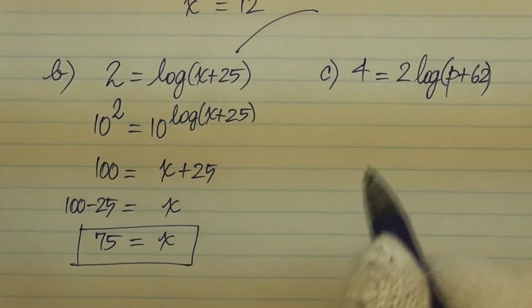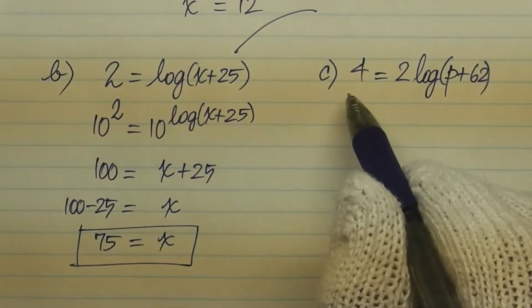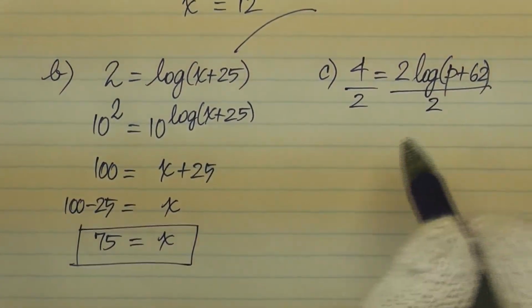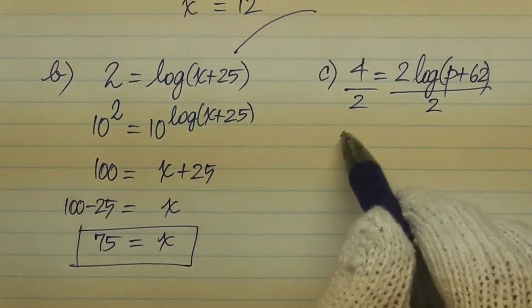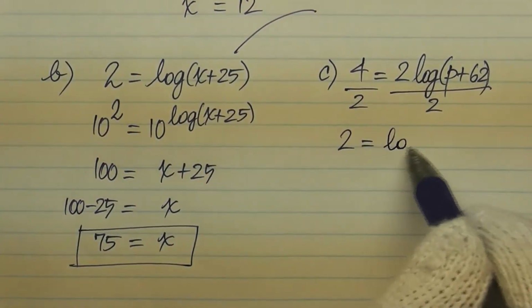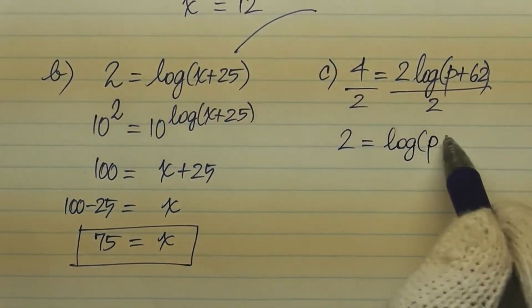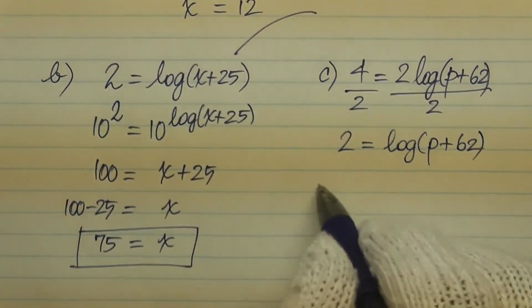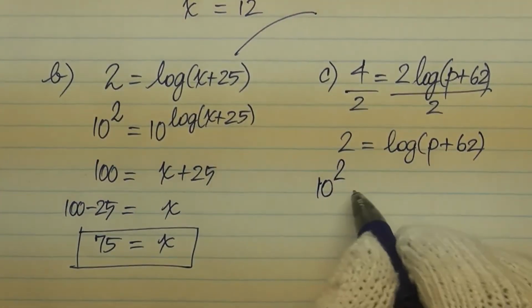Okay, so I'm going to start off by dividing both sides by 2. This will give me 2 is equal to log p plus 62. I'm going to raise both sides to base 10.